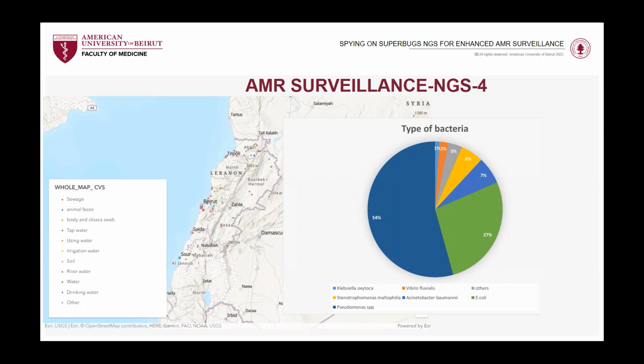So I do work with WHO on establishing labs for next generation sequencing in the complex emergency countries. So I go to Afghanistan, Somalia, Sudan, Yemen, Libya, Iraq, Syria, and Lebanon is now unfortunately included on the list.